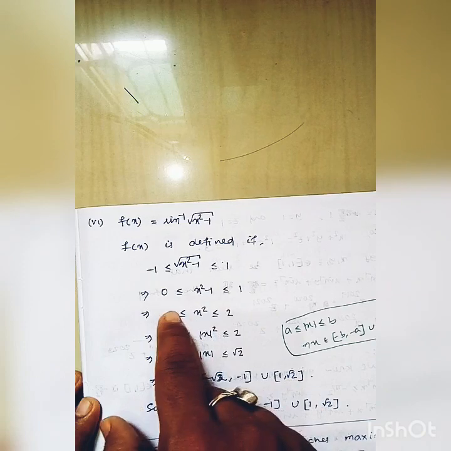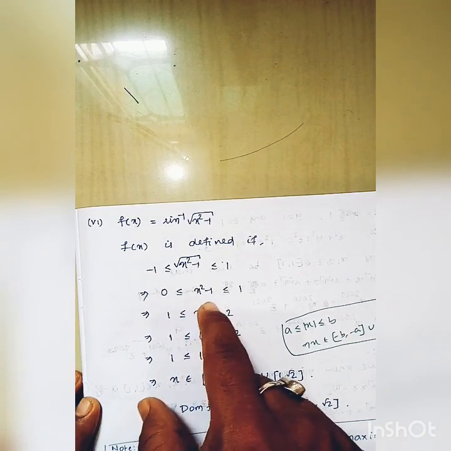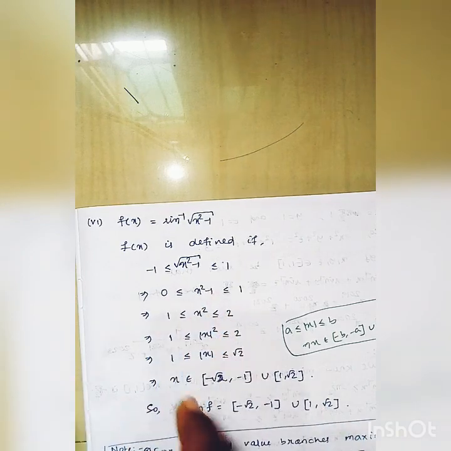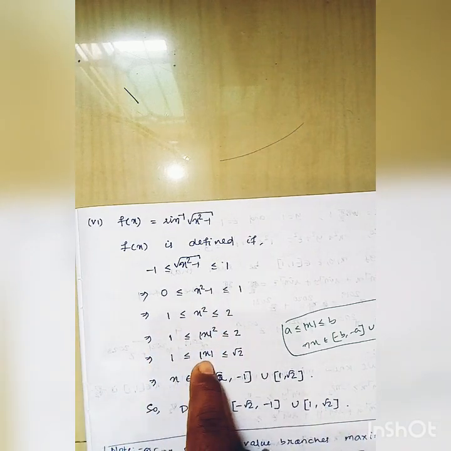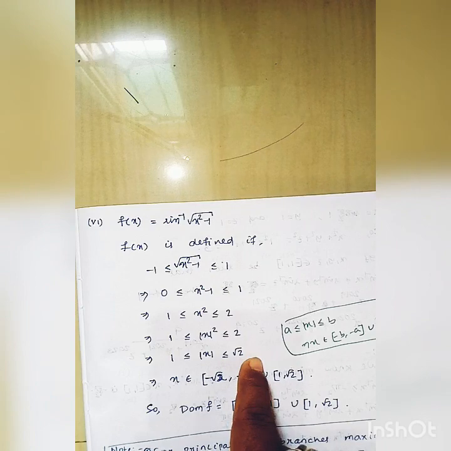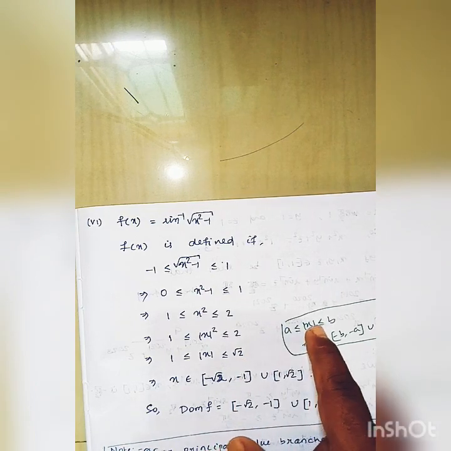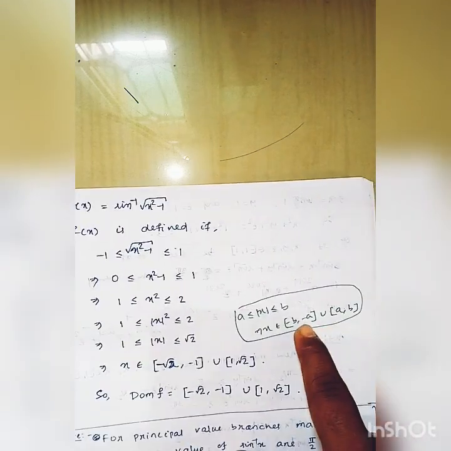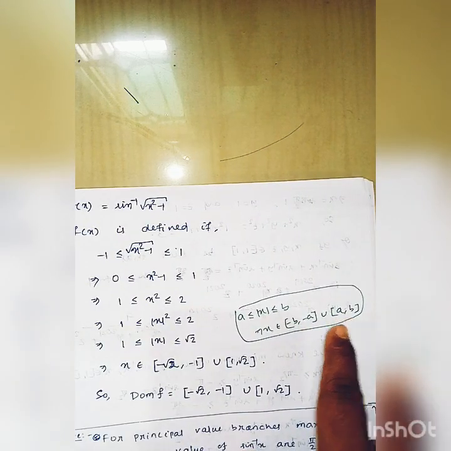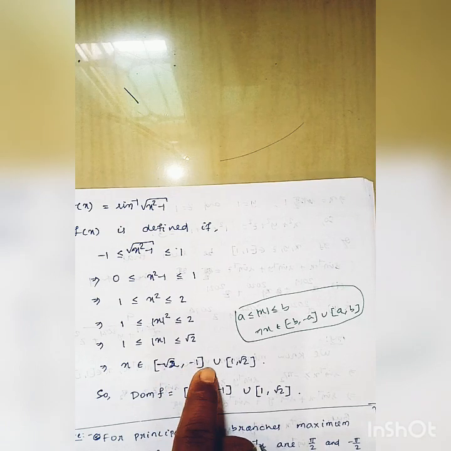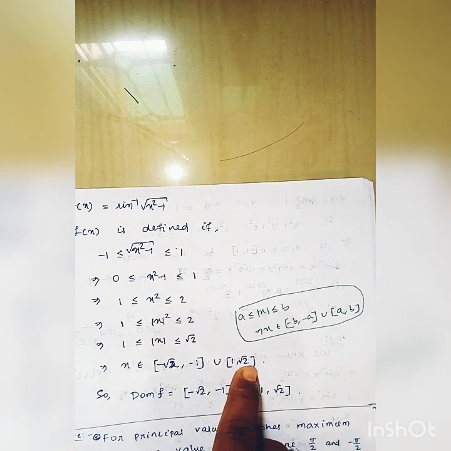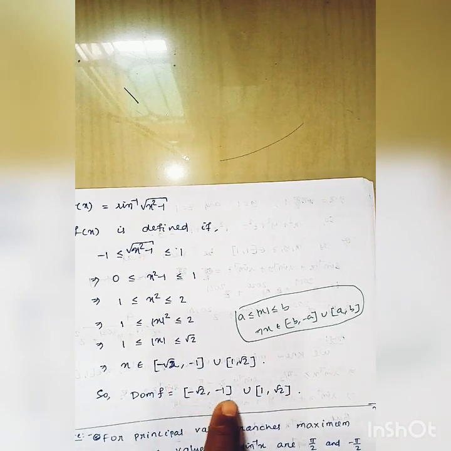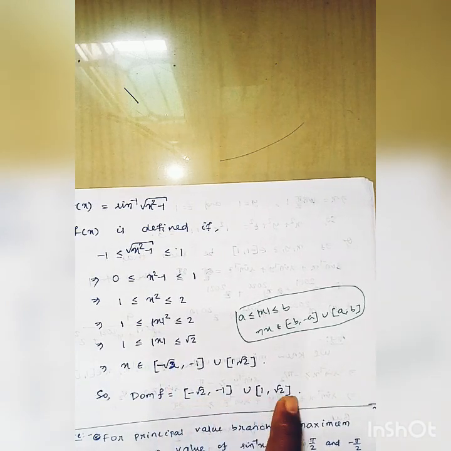Adding 1 to each term, it is 1 to 2. Modulus of x square is same as modulus x square. So by taking square root on each term, it is 1 less than or equal to modulus of x less than or equal to root 2. We know that if a less than or equal to modulus x less than or equal to b, x belongs to minus b to minus a union a to b. So x belongs to minus root 2 to minus 1 closed union 1 to root 2 closed. So the domain of this function is minus root 2 to minus 1 closed union 1 to root 2 closed.